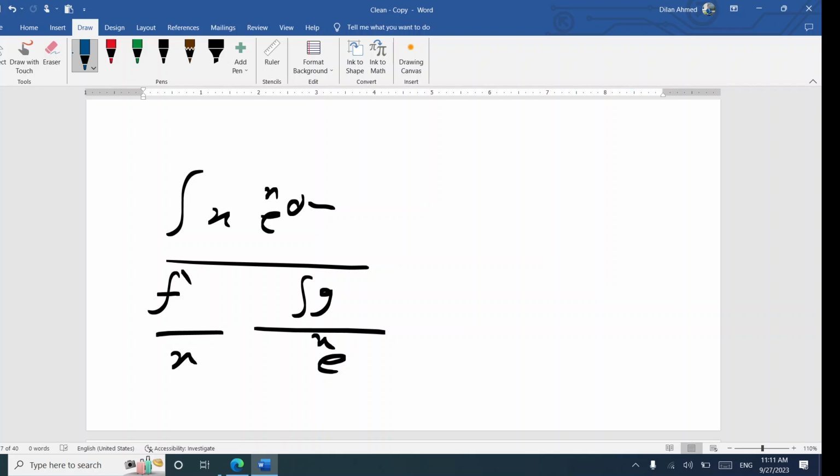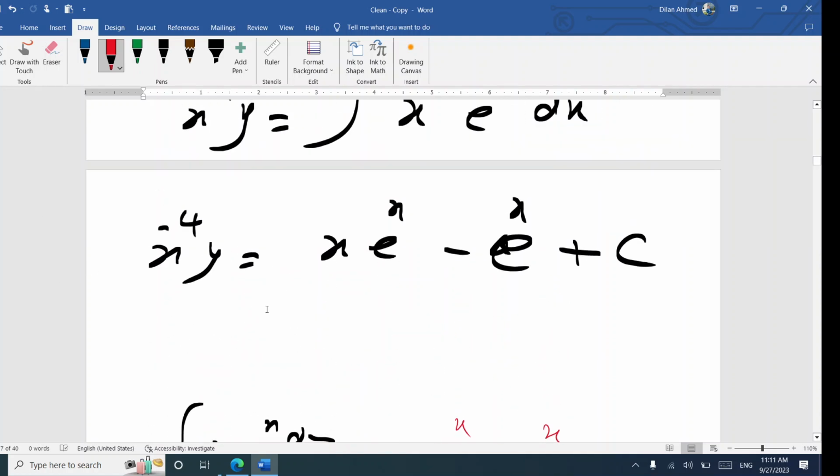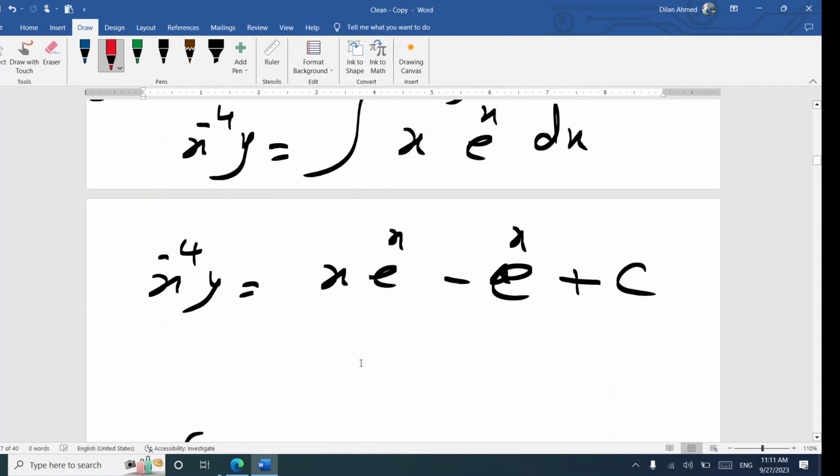The derivative of x is 1, the derivative of 1 is 0, and the integral of e to the power x is itself. Then we cross multiply, positive and negative. The result is x times e to the power x minus 1 times e to the power x. That is Calculus 1. So y equals what, to get the full mark?